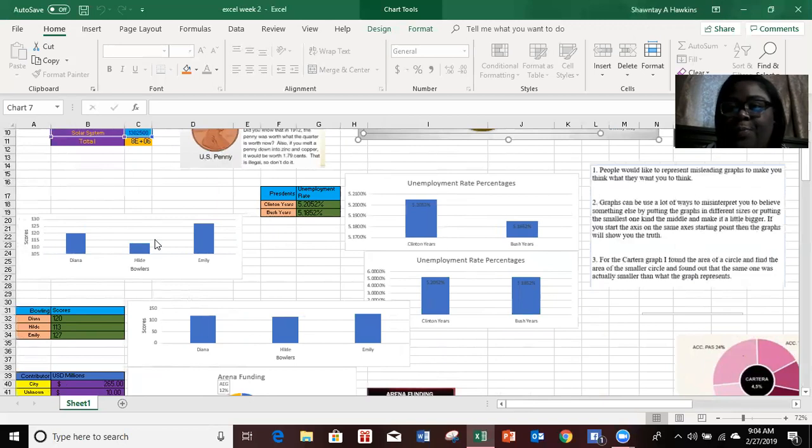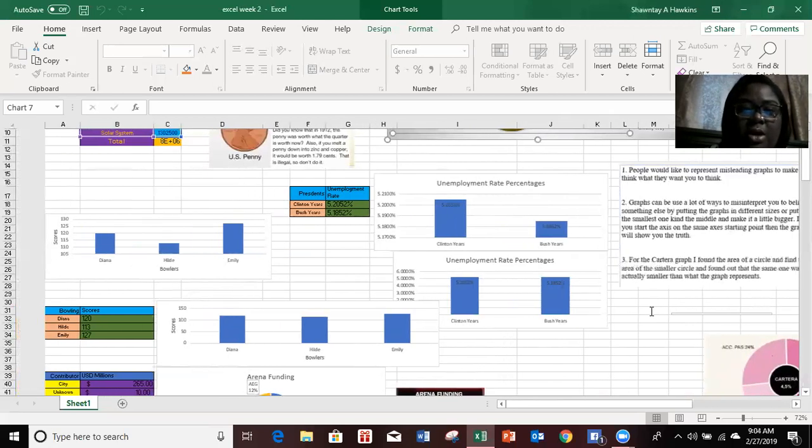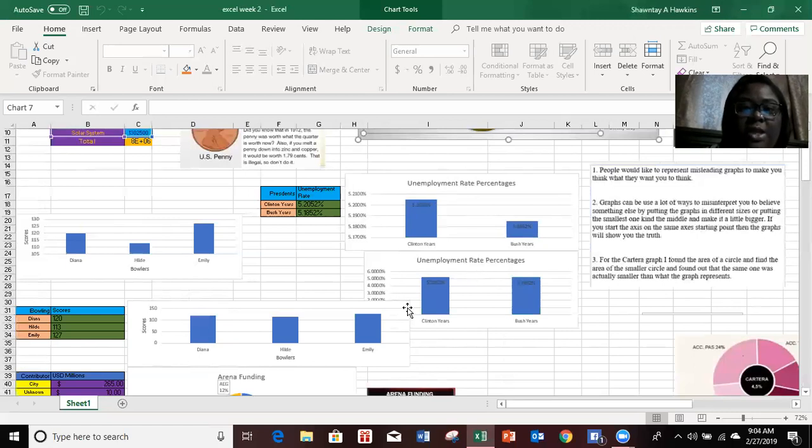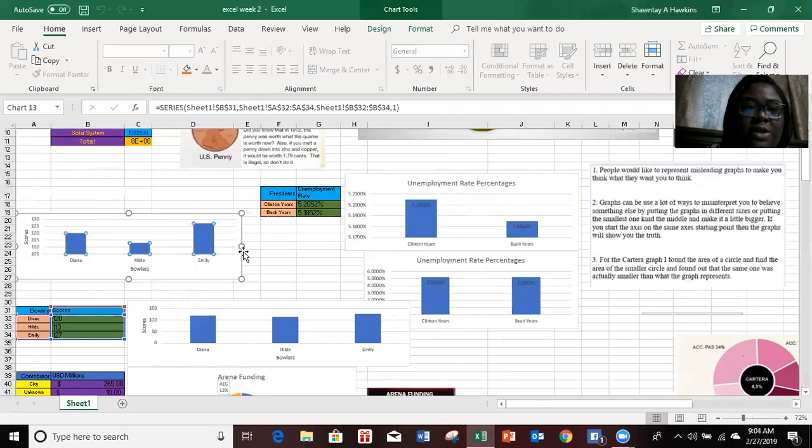Also, they put the smallest one in the middle, and they make it a little bigger. It should start at the same axis starting point. Then graphs will show you the truth. Okay. So let's see here. You see how they got it here on that. It's not even starting on the axis.